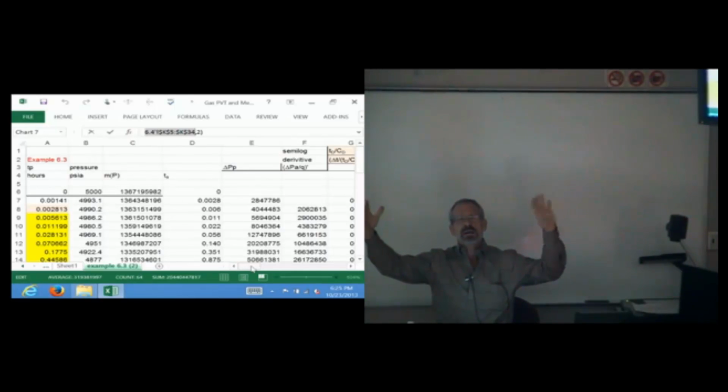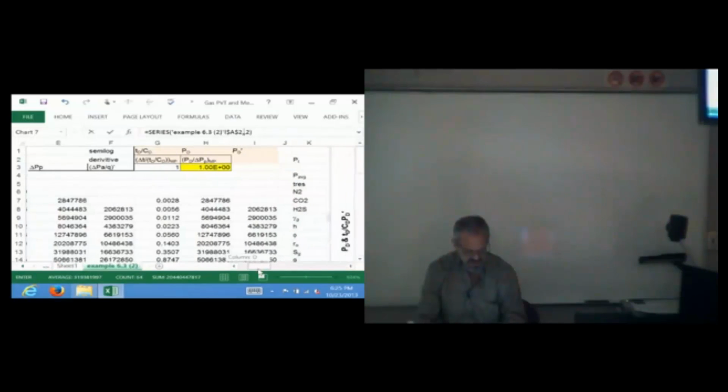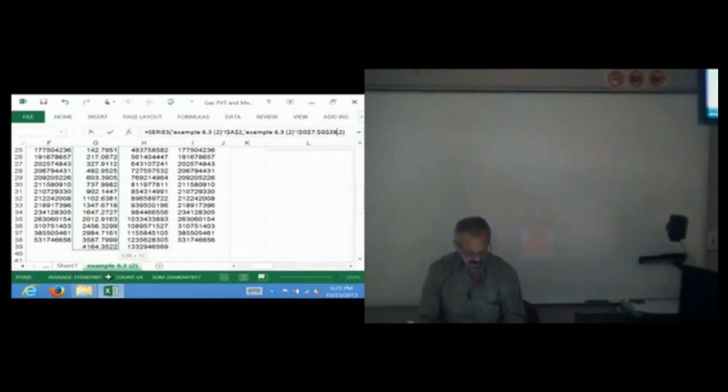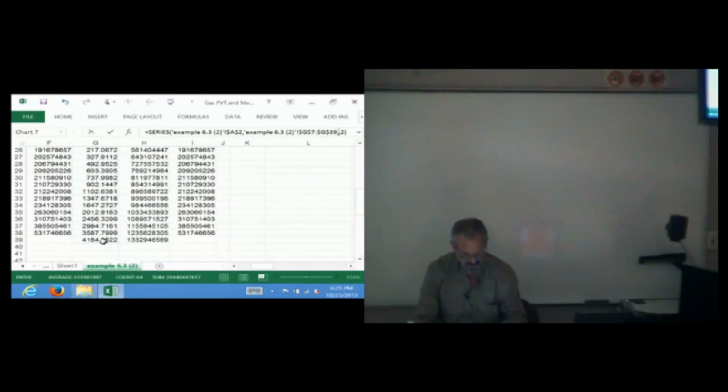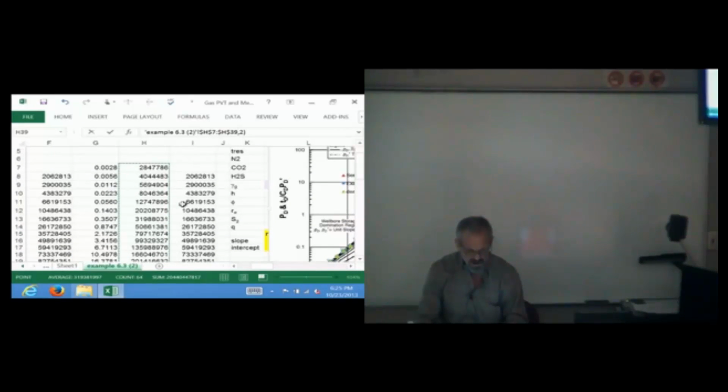So all arrays have the name of the array, the X, a comma, the X, a comma, the Y, a comma, and what series it is. So I'm going to replace example 6.3, but I'm going to put it in that same place, comma, the X's are T sub D, comma, and the Y's are my P sub D's.